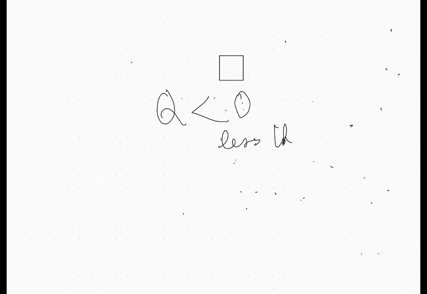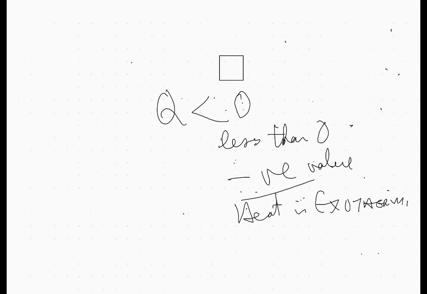It means heat is exothermic and it's released. Because it's released, the final one will have less energy, less heat. So heat is exothermic, is released. That is why Q is less than 0, which means a negative value. Remember that.